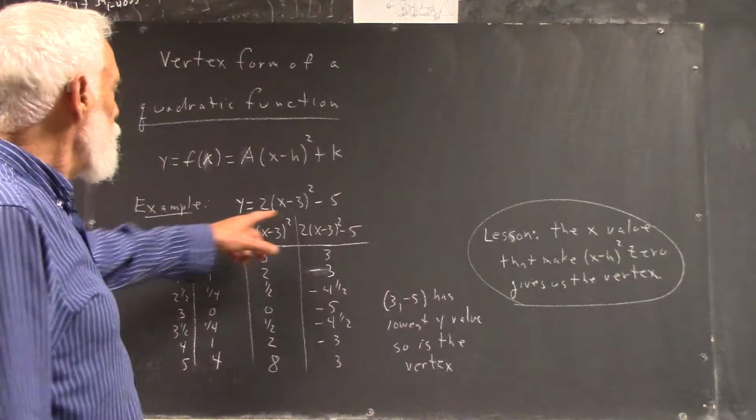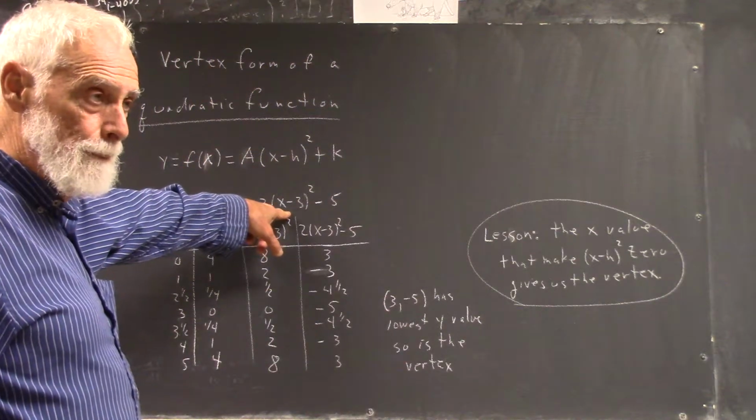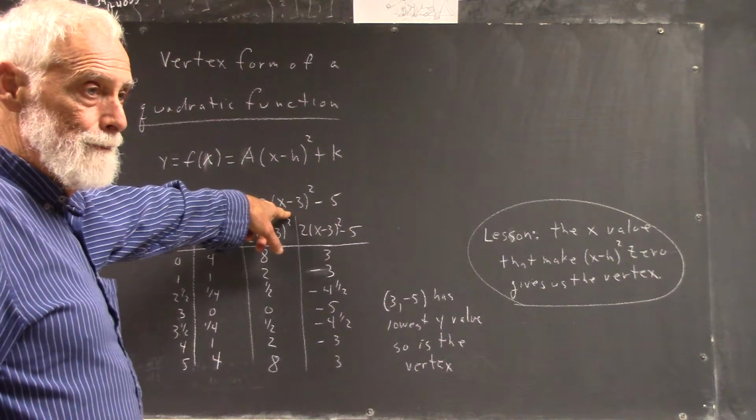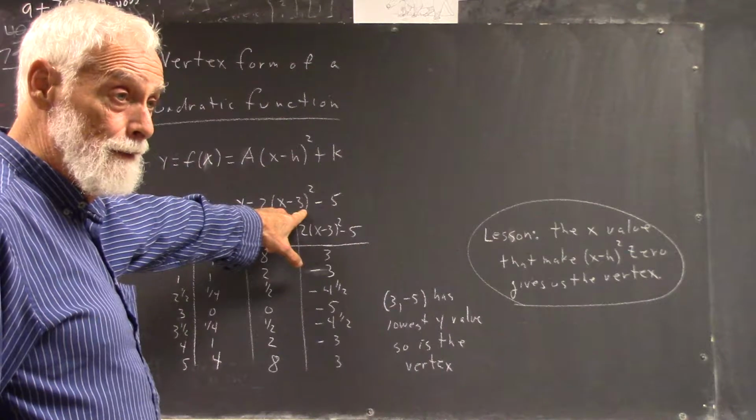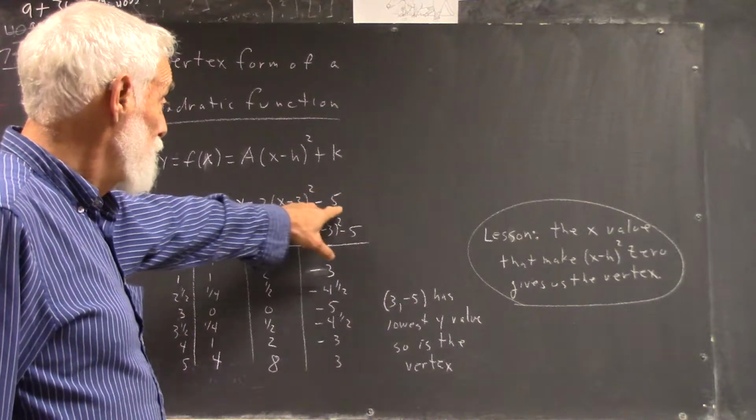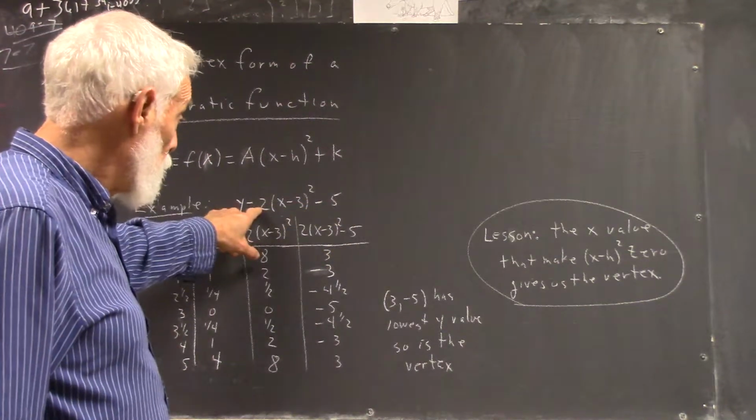So when you look at the vertex form, you just let x be whatever it takes to make this 0, and that makes this whole thing 0.